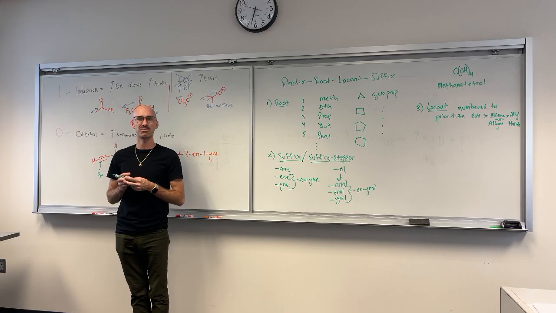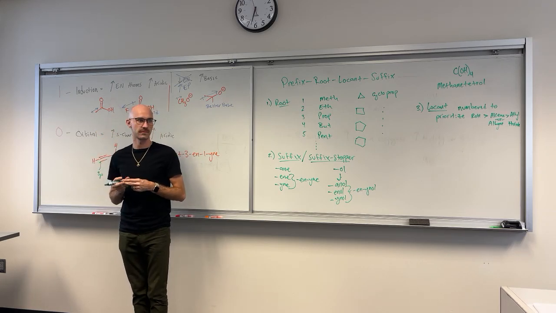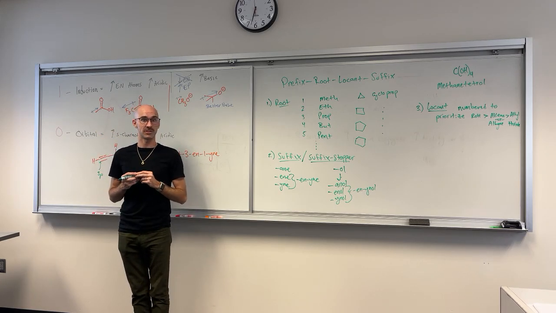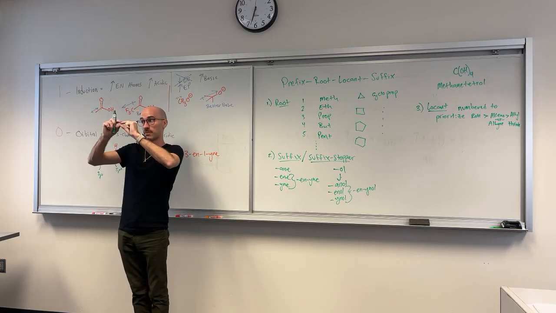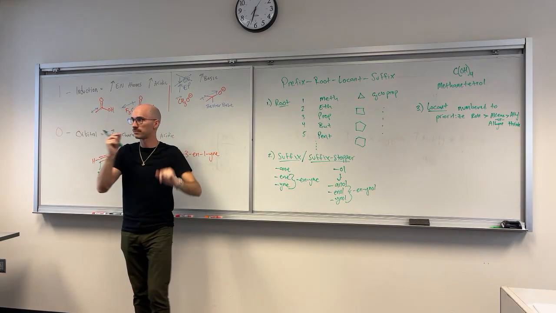When in doubt, prioritize alphabetically. But if there's an alcohol in the compound, number in such a way that it gets its lowest number. And then state it, because you cannot assume, especially on a linear carbon chain, where these groups are going to fall.